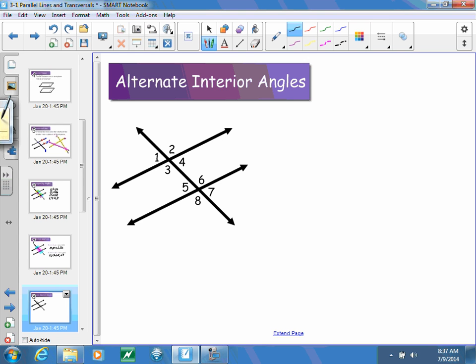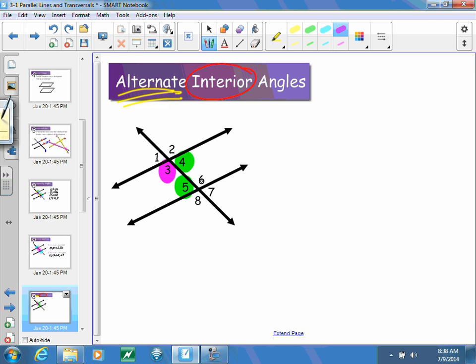Alternate interior angles. You'll see that it has the word interior. So interior means we're looking at angles 3, 4, 5, or 6. And then it has the word alternate on here. And the word alternate is telling us that we want the opposite sides. So we're going to take the two interior angles that are on the opposite side of the transversal, meaning angle 4 and angle 5.